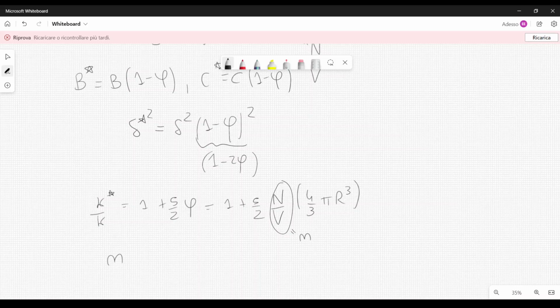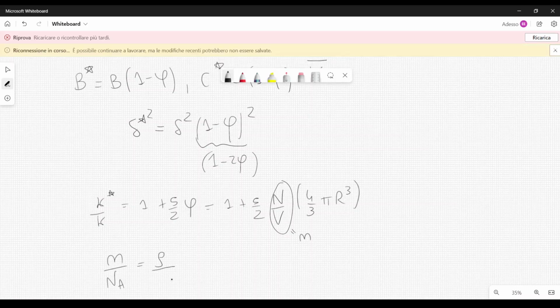And we also know that n divided by the Avogadro's number can be written as the mass of the dissolved substance per unit volume, that we will call rho, like a density, and then we divide by the molecular weight, m.